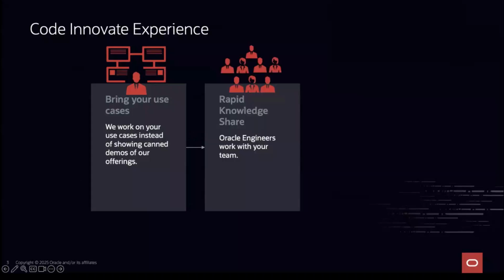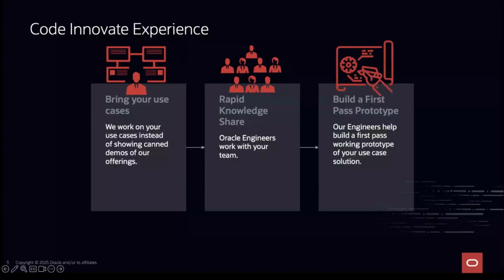Then we pair that use case up with our engineers who have deep experience developing on the required services, and oftentimes with similar use cases from our past customer experiences, as we've worked with well over hundreds of customers now over the last 5 or 6 years. And then with our guidance, we're going to help your organization deliver a first pass prototype, or an MVP, of the desired solution.